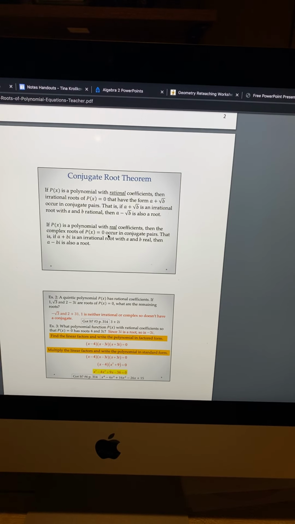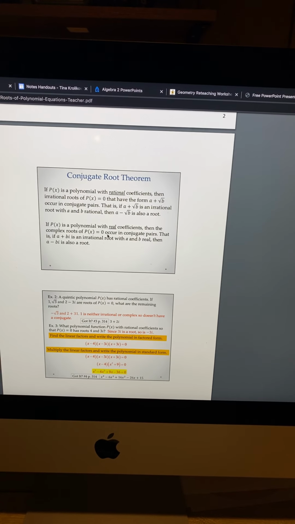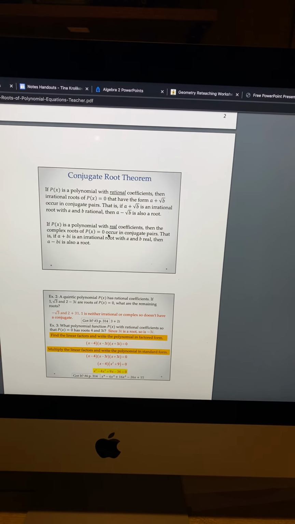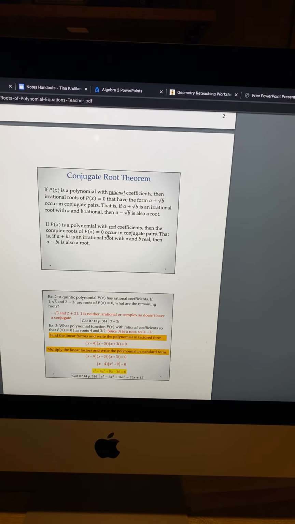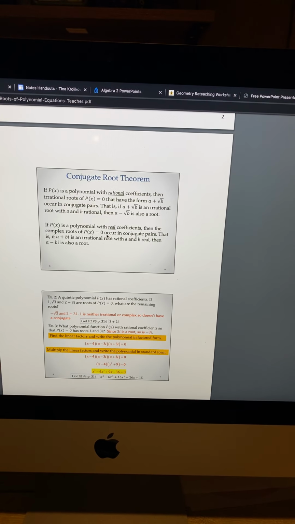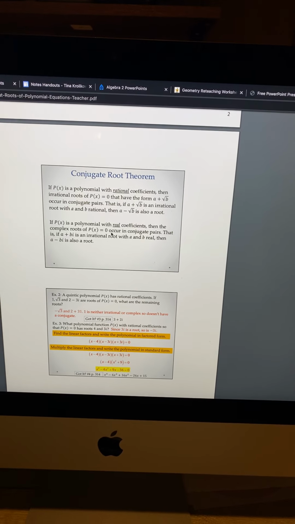That is, if a plus the square root of b is an irrational root with a and b rational, then a minus the square root of b is also a root.